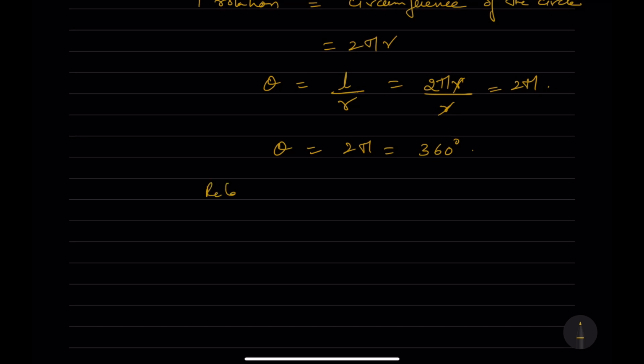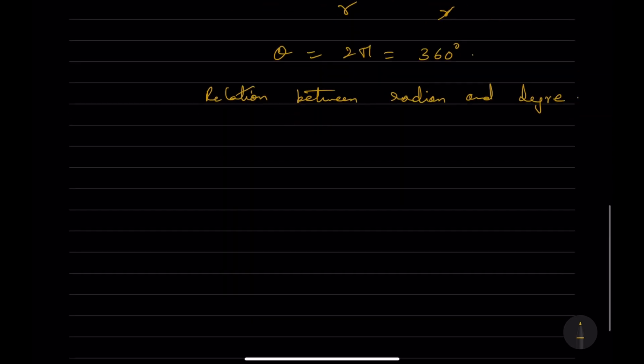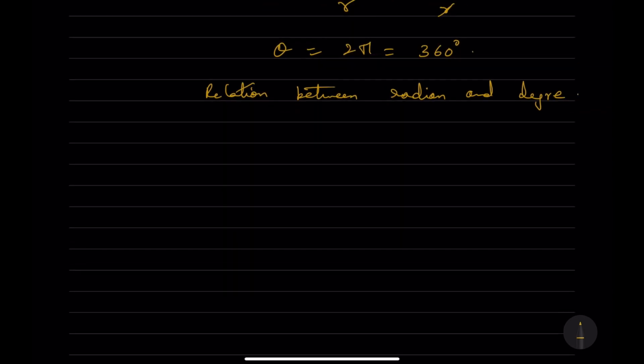This is the relation between radian and degree. 360 degrees is equal to 2 pi radians, so we have the formula.